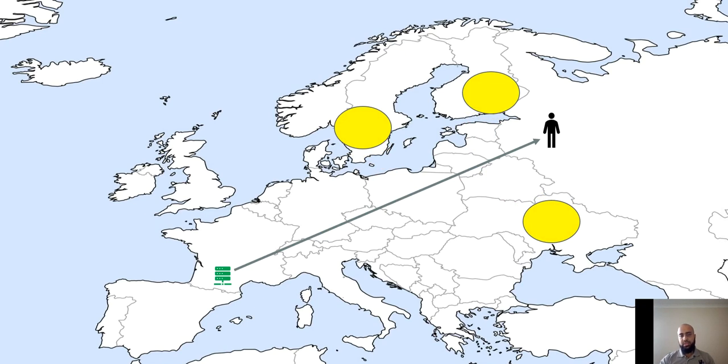Now imagine if I were to own a collection of infrastructure across three geographical locations around the client. These are what we defined earlier as POPs, or points of presence.